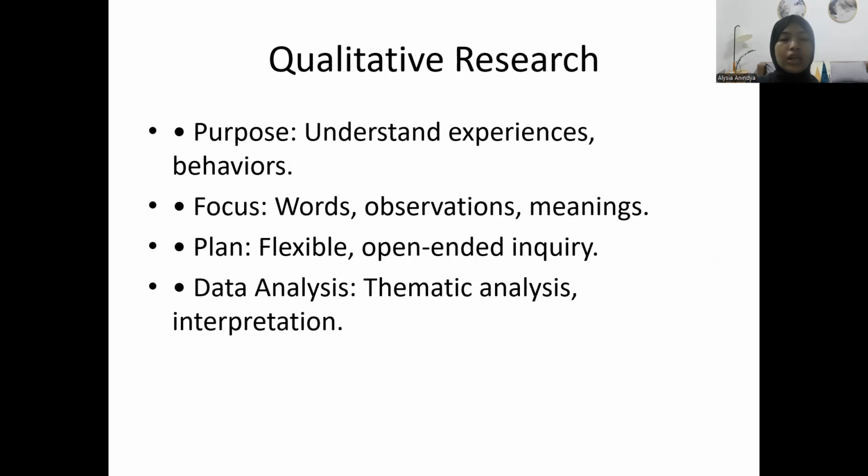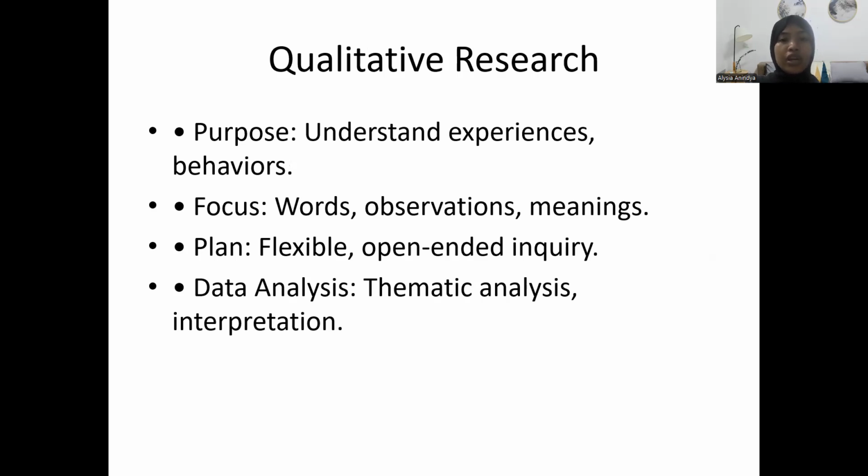And next, qualitative research is more about understanding the experiences, feelings, and what people thought. The purpose of qualitative research is to explore the behavior and experiences of people.